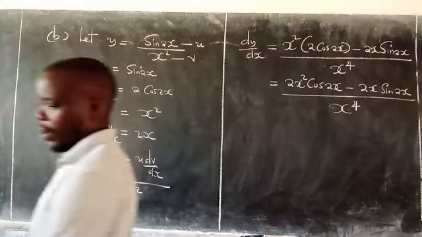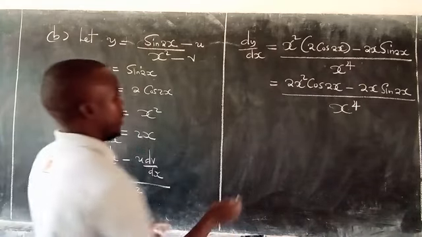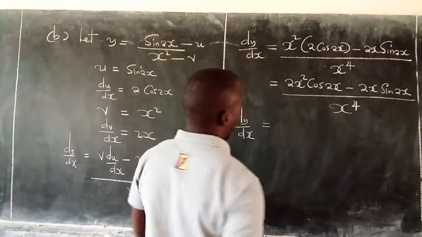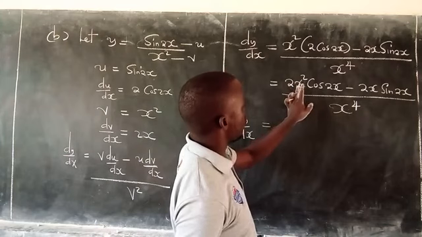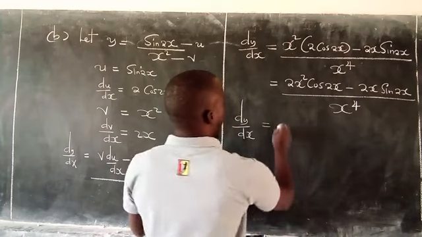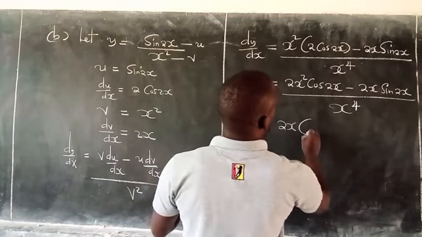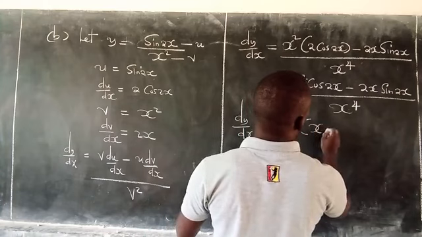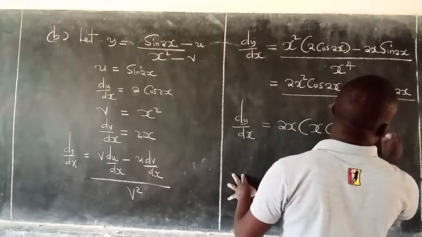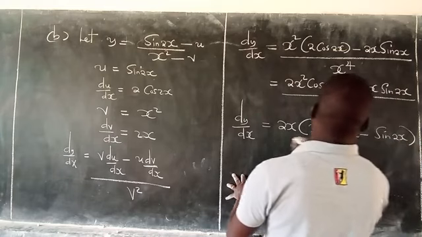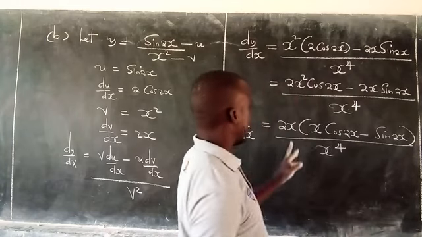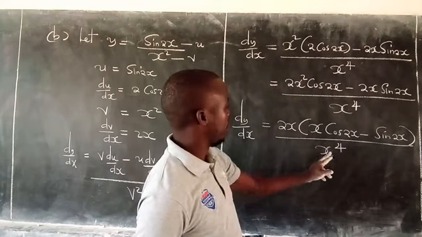From this point, we can now quickly conclude dy/dx. We can first look at the common factor. I have 2x as a common factor, as you can see. So when I pull out the 2x, I will remain with x here, but cos of 2x minus, this now remains as sine 2x, all this divided by x power 4. From the rules of indices, we can reduce this with this.